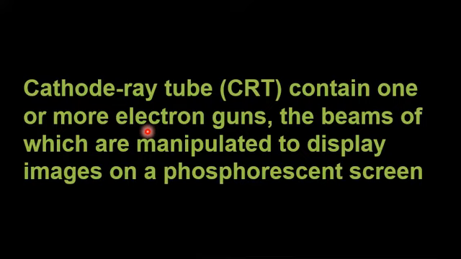The stream of electrons is manipulated and directed to fall on the phosphorescent screen, and as a result we see an image on the phosphorescent screen.